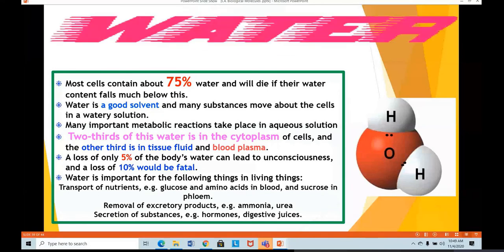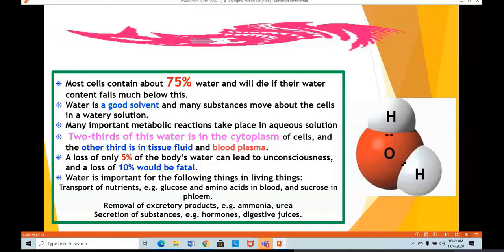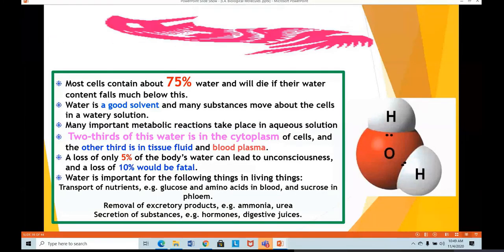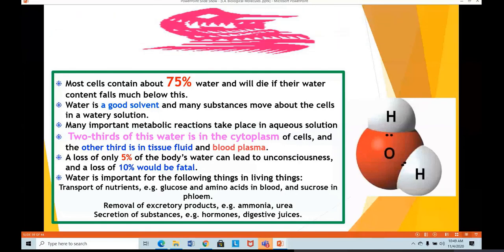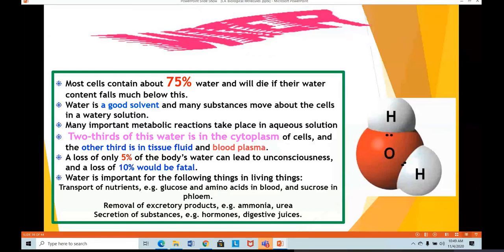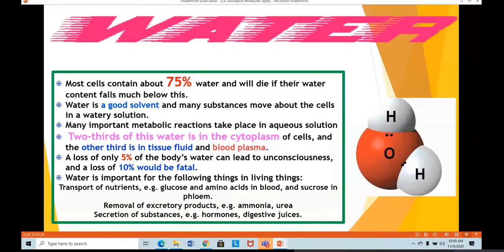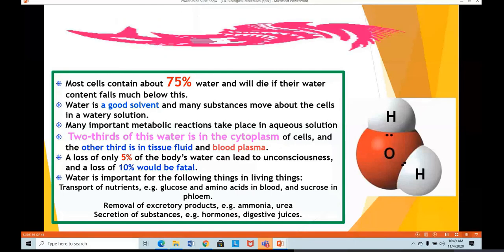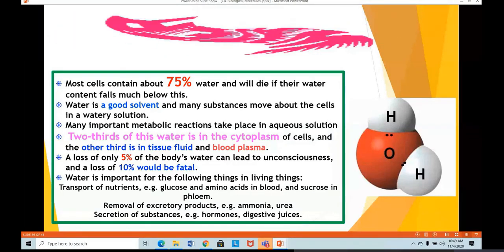So we already studied that most of our body is made up of water. Now 2/3 of the cytoplasm of the cells contains water, and even our blood plasma is entirely made up of water. So a loss of only 5% of the body's water can lead to unconsciousness, and loss of 10% would be fatal. That is why dehydration can be very, very dangerous, ladies.